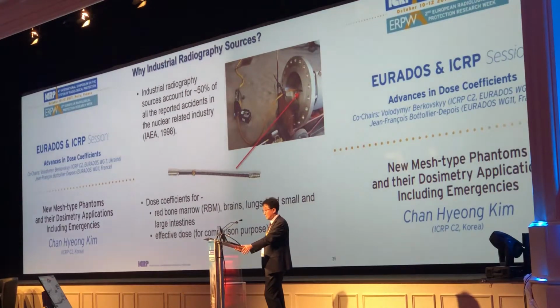This is an important case because we have many accidents from industrial radiography sources. We calculated those coefficients for some organs like red bone marrow, brain, and lungs. These are the organs of interest, the organs of acute radiation syndromes. But we also calculated those coefficients for effective dose, and these values will also be provided for comparison purposes.